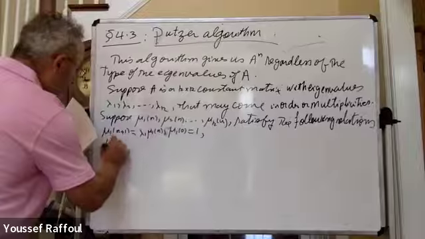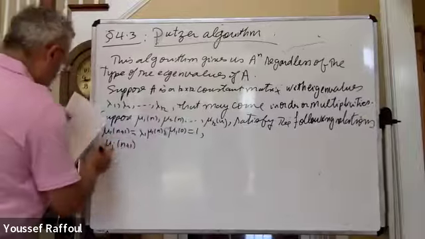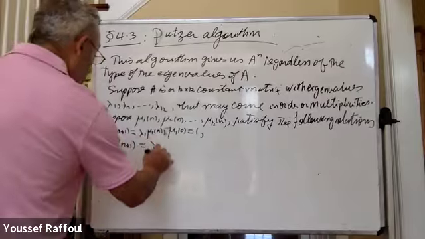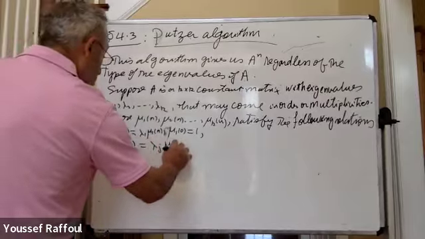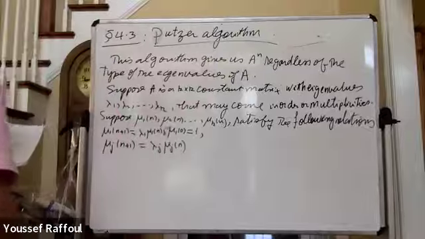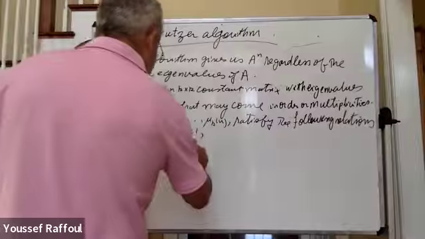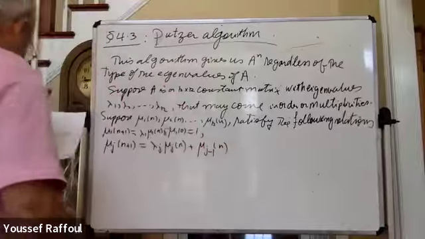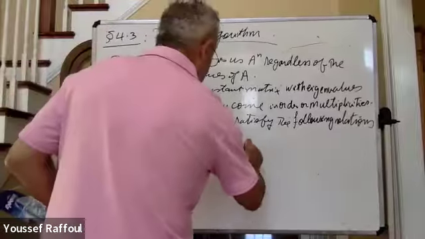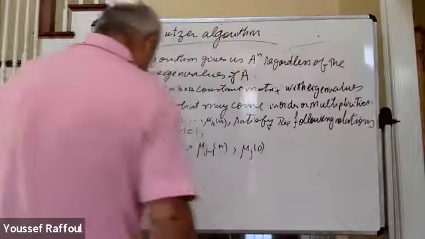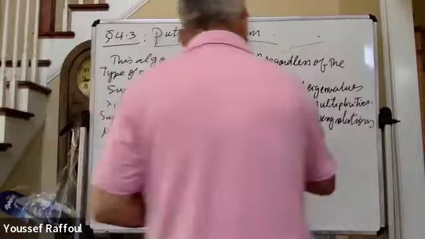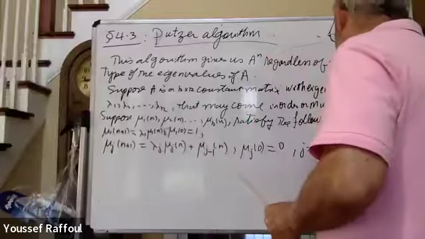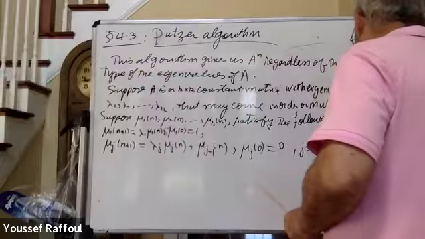Then you have mu j of n plus 1 equal to lambda j mu j of n plus mu j minus 1 of n, with mu j of 0 equal 0, for j equal 2, 3, all the way to k.